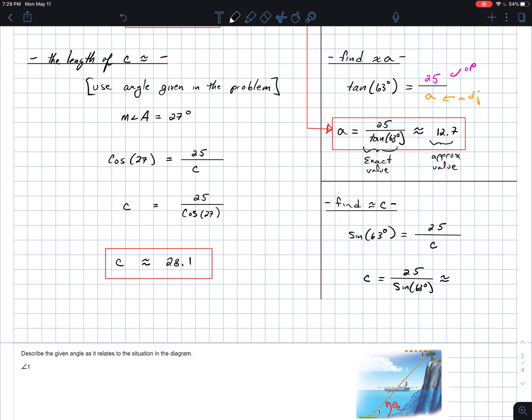And if you run that through the calculator, you get an approximate value of 28.1 units.